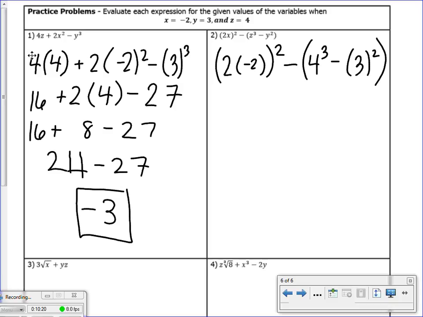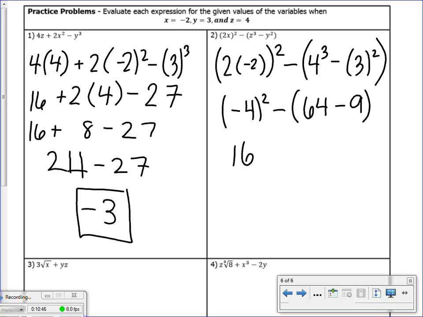So, again, first we have to simplify inside of our parentheses. So we have 2 times -2, so that's going to give us -4 squared minus 4 cubed is going to give us 64 minus 9. -4 squared breaks down to 16.